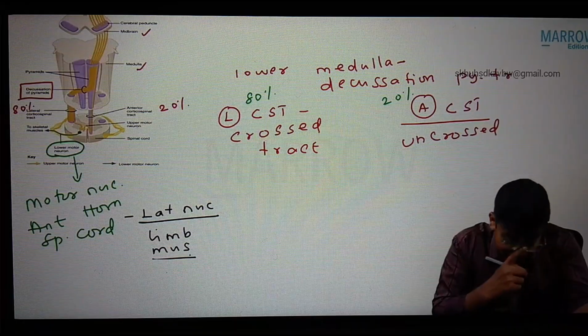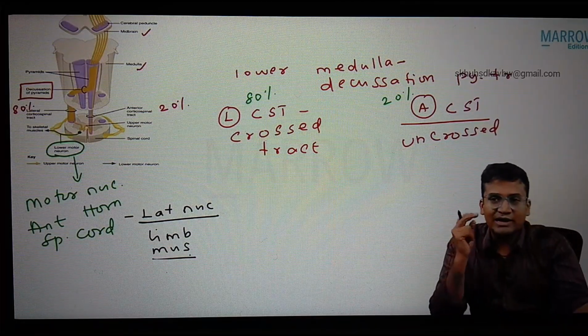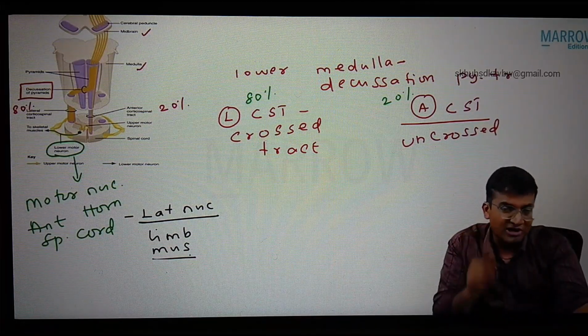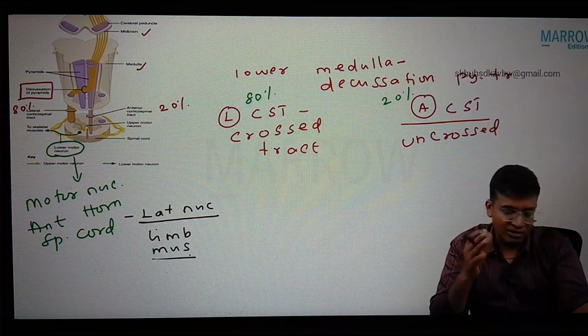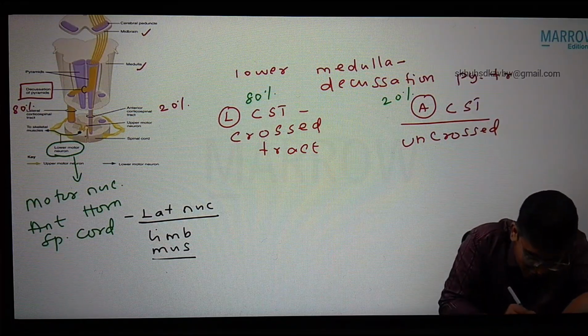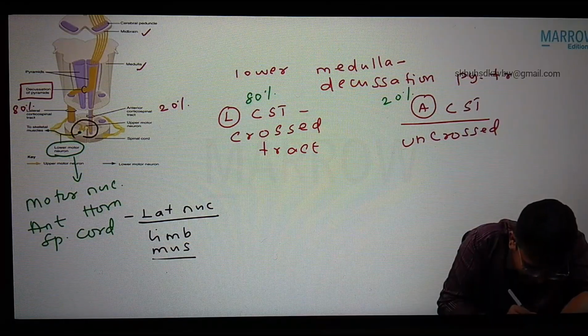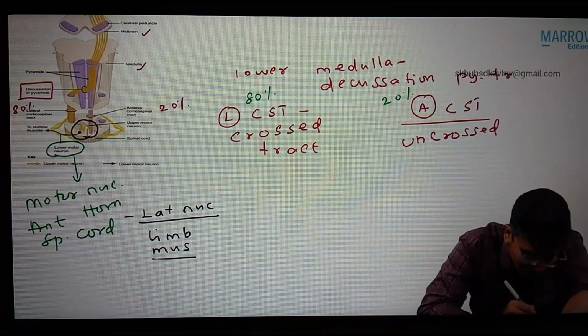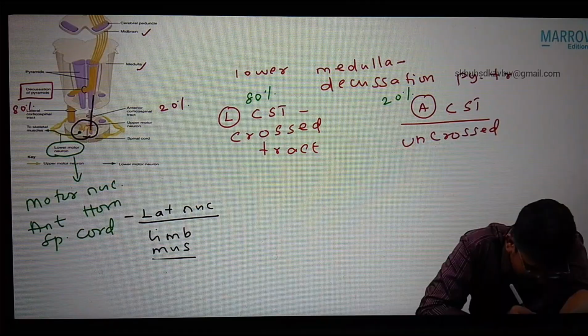Okay, right. Now the anterior corticospinal tract, I told you it is not crossing in the medulla, but it comes all the way down to the spinal cord. Now see here, I'm putting a round mark. Now see inside. That is the anterior corticospinal tract.